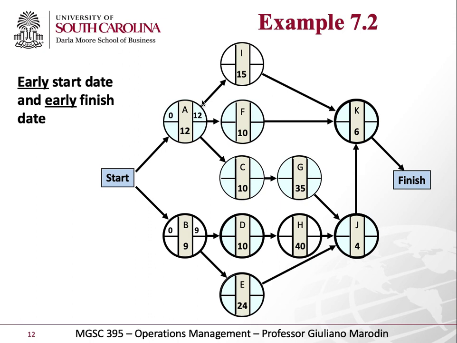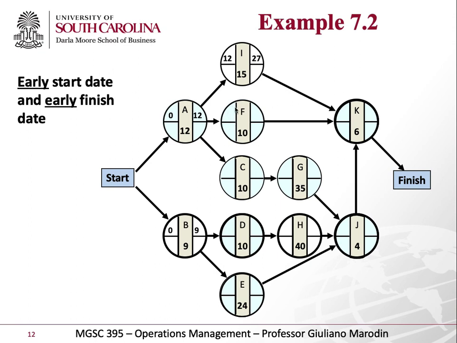To understand the starting time of these activities that come after A, I just take that 12 and put it here. So 12 is going to be the start date for I, plus 15, a little bit tougher this one, right? 27. So 12 plus 15, 27.